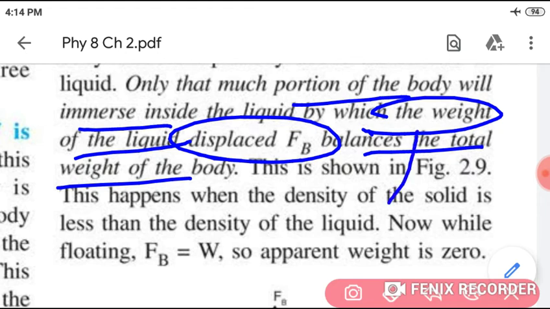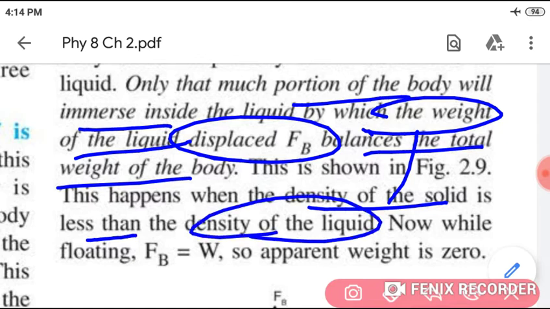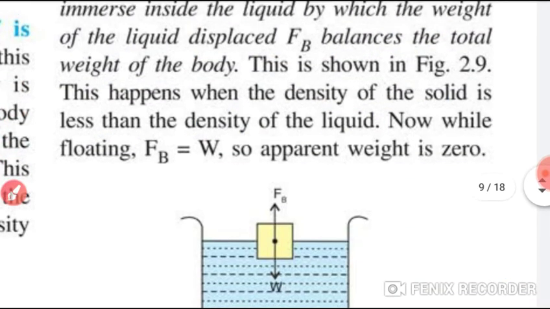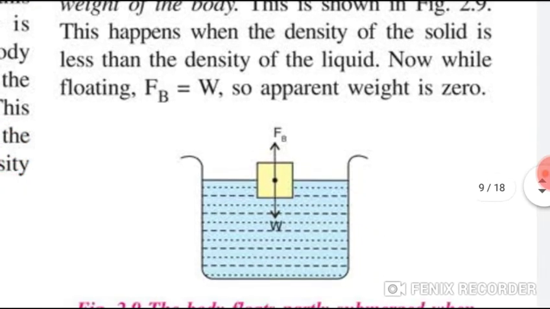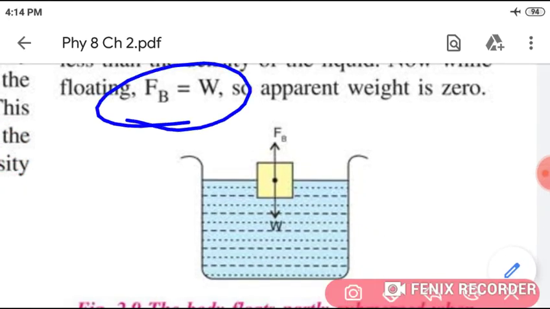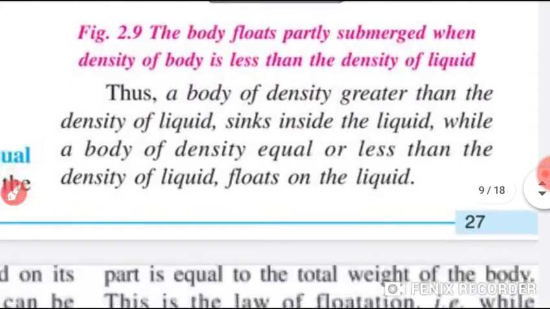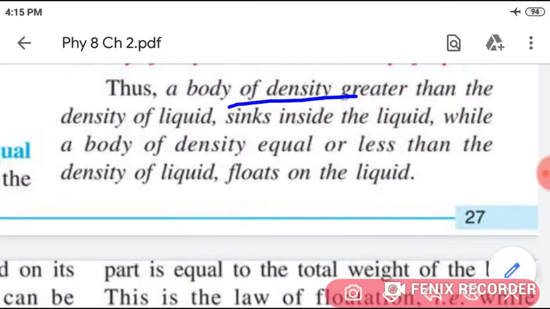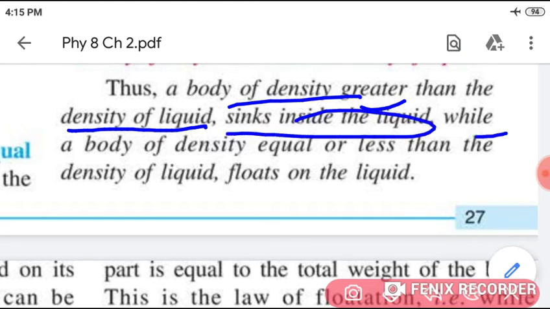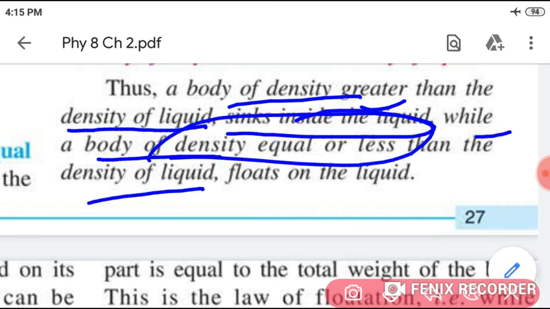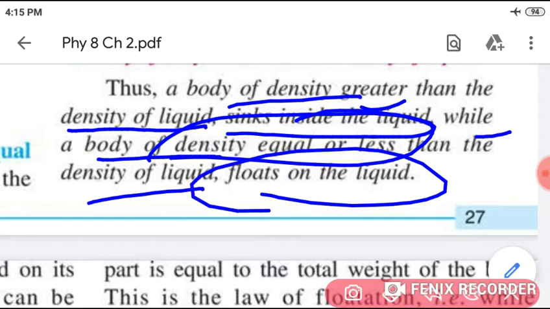This happens when the density of the solid is less than the density of liquid. That means while floating, FB is equal to W. The apparent weight is 0. Thus, a body of density greater than the density of liquid sinks inside the liquid, while a body of density equal or less than the density of liquid floats on the liquid.